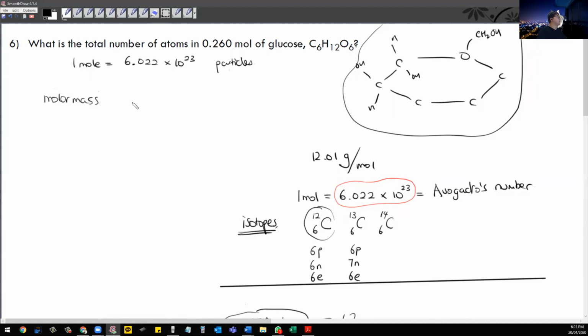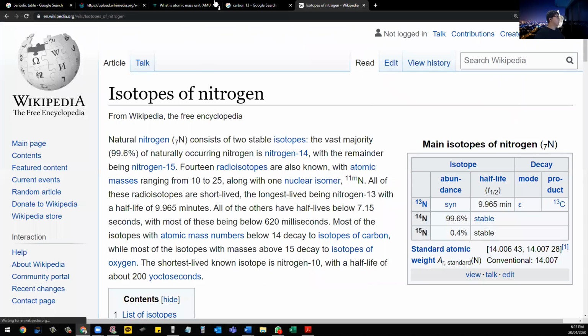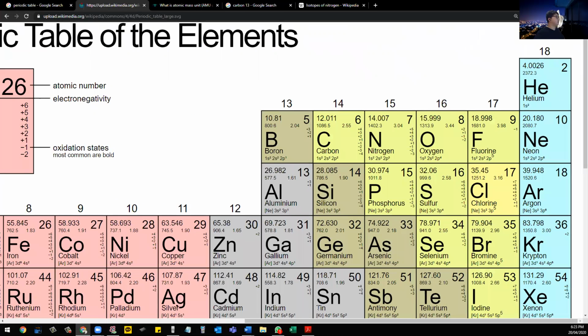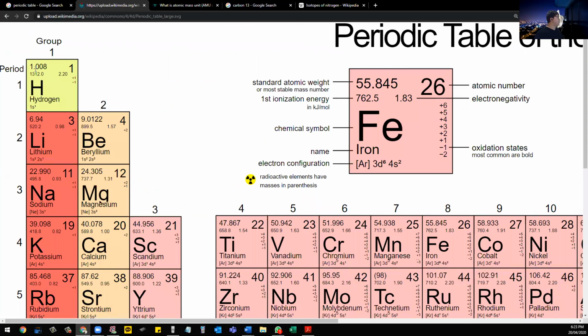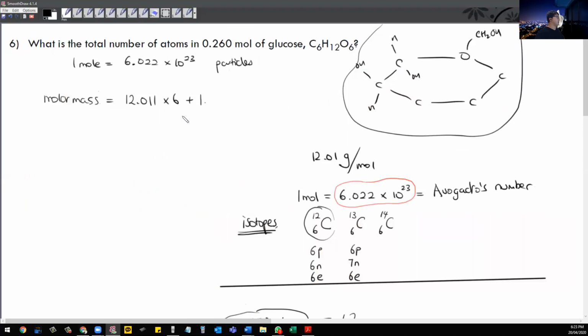All you have to do is, you have 6 carbons, so it'll weigh 12.011 times 6. There are 6 of those. And then the hydrogen's number, if we go back here, is 1.008, times 12.